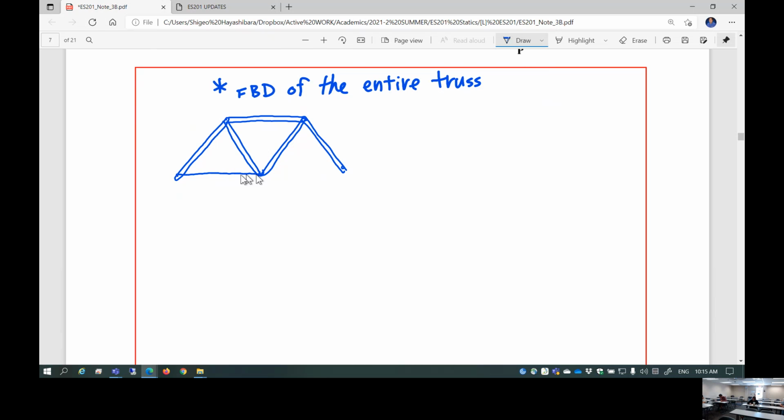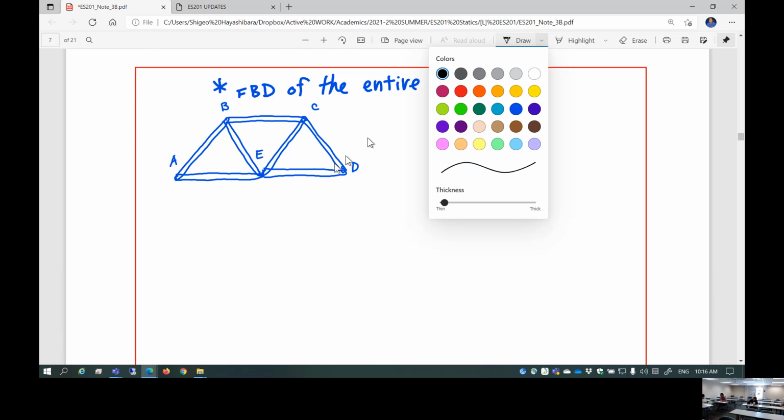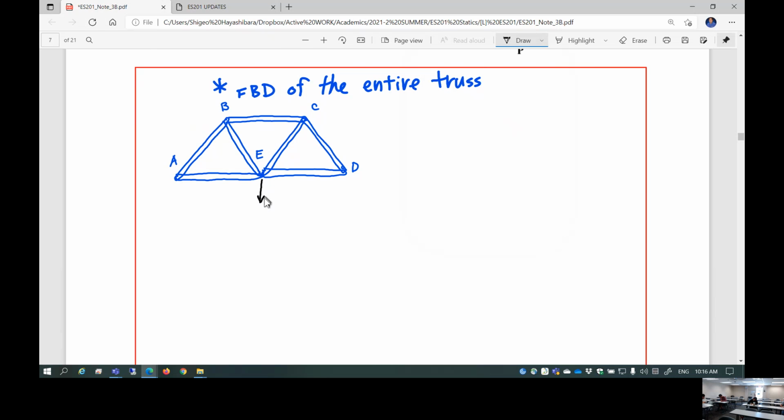It looks like all lengths are L, with 3 right triangles. Joints A, B, C, D, E. External loading is applied at joint E. The value is P. This is the external loading.